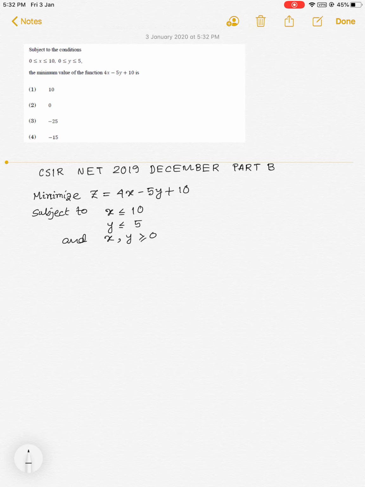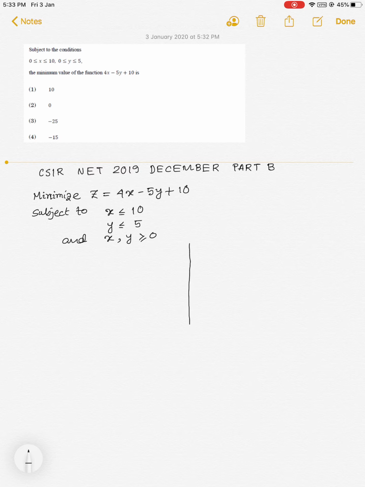Now since this problem is a two-dimensional problem, we can solve this using the graphical method, and let us find the feasible region for this problem.